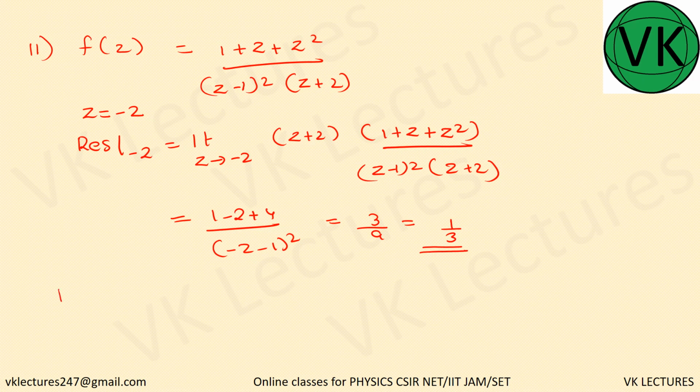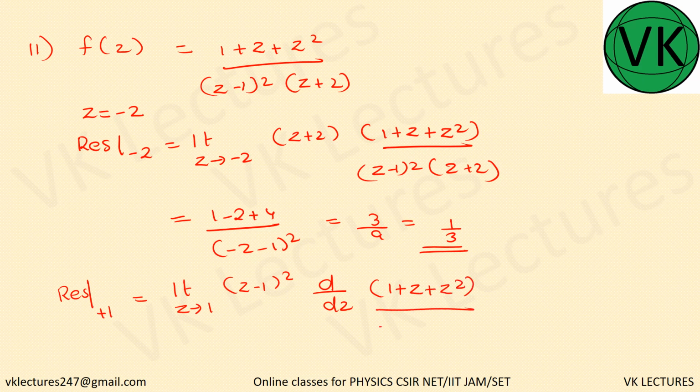Then the residue at plus 1 is equal to limit z tends to 1 of z minus 1 whole square, d by dz of 1 plus z square divided by z plus 2 into z minus 1 whole square.